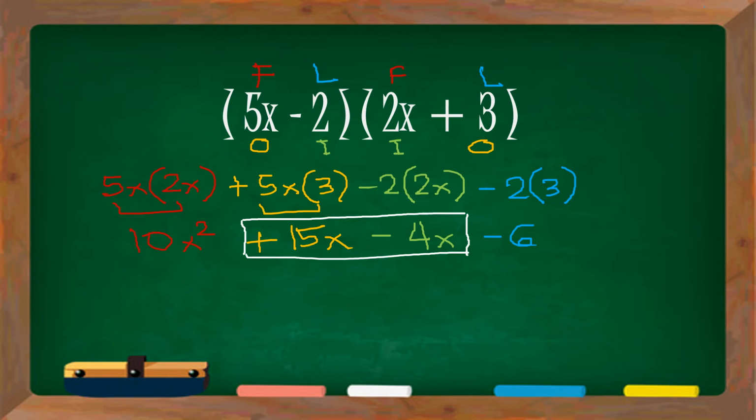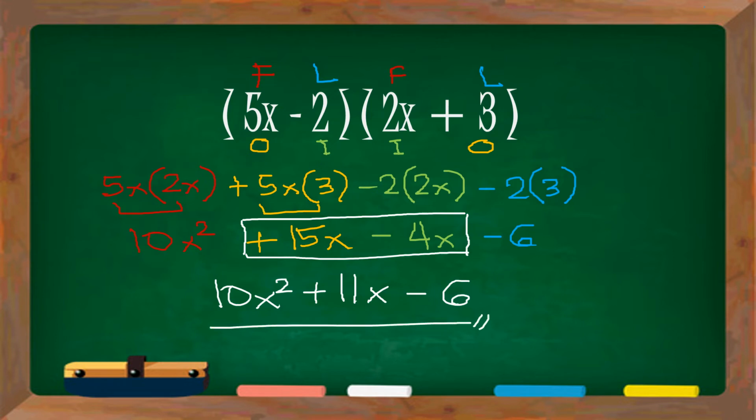So, that will be 15x minus 4x. Okay? So, 15 minus 4 is equal to 11. Then, copy natin yung variable x. Then, bring down 10x to the second power and bring down negative 6. So, our product is 10x squared plus 11x minus 6.